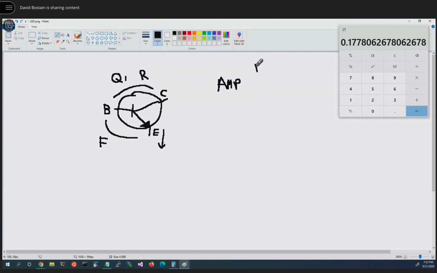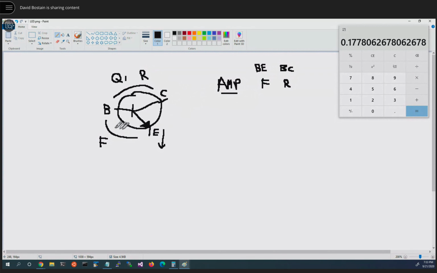So this is base emitter. This is base collector. This will be forward. This will be reverse. If we're working like an amplifier.